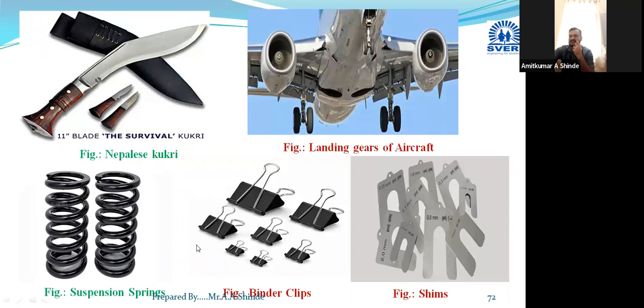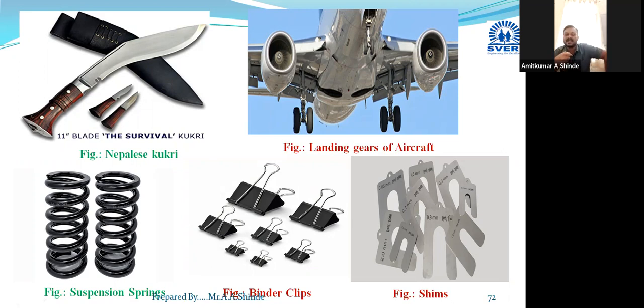And you can see the pictures. If you have seen the Nepalese kukri, that kukri is made up of this spring steel. Now you can see in a new movie that actor Akshay Kumar is coming, holding that kukri in his hand.